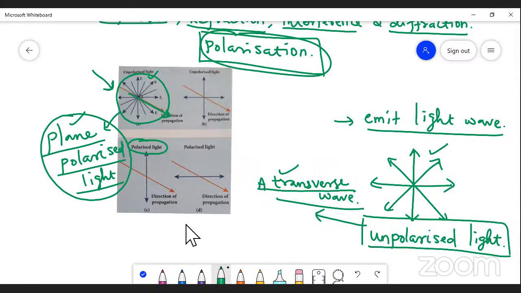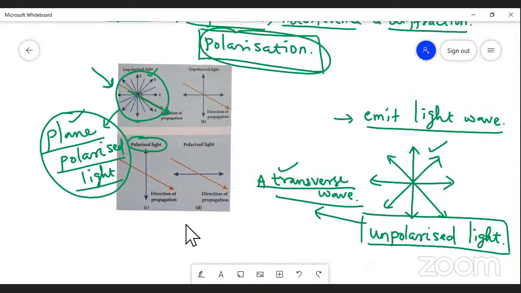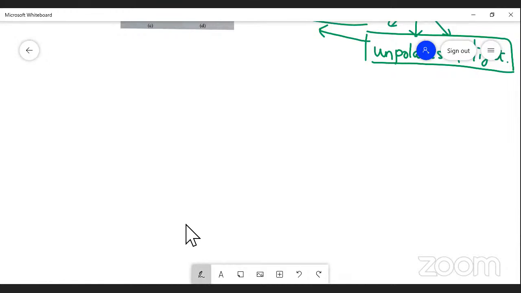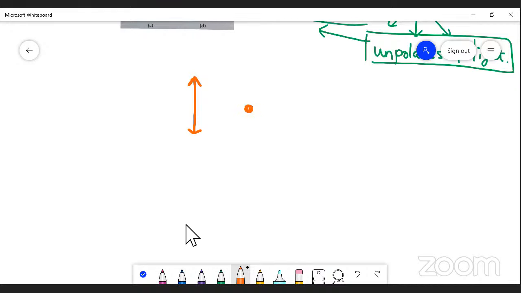Okay, right. Here, the plane polarized light or polarized light is represented like this, either double arrow or a single dot. Polarized light consists of vibrations in only one direction.